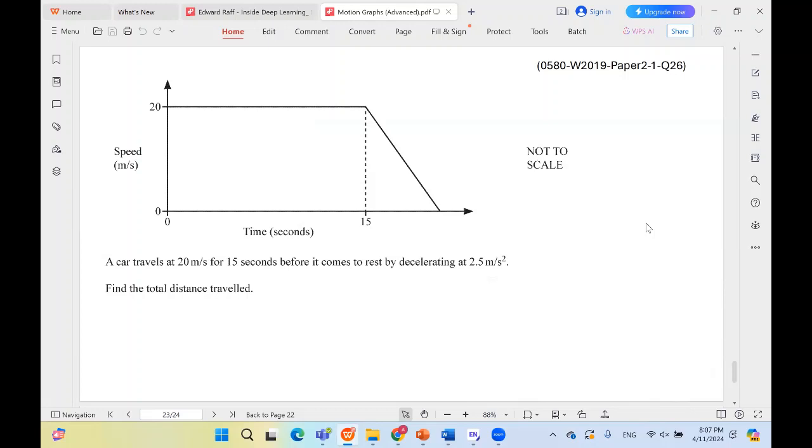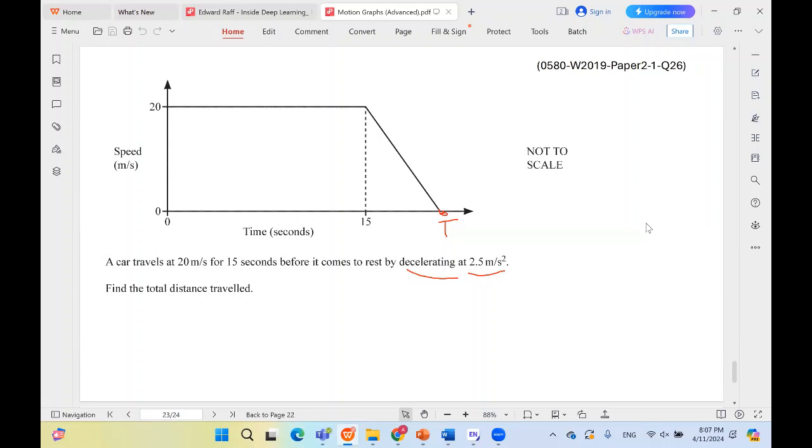The problem here is that to get the total distance, we need the area, and to get the area, we have to have this value here of t. So how do we get this value? Here you need to use the logic of understanding what deceleration means. Deceleration means that the speed decreases by 2.5 every second, right?